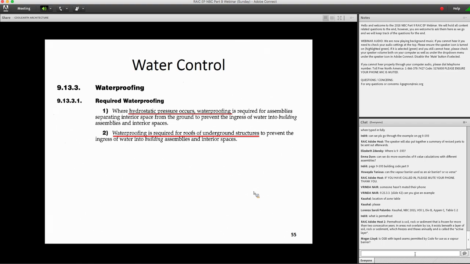Also, we do need waterproofing for underground structures. So in the case that we have some green roof or a structure that is below grade that has a roof, we certainly have to have a good waterproofing there.